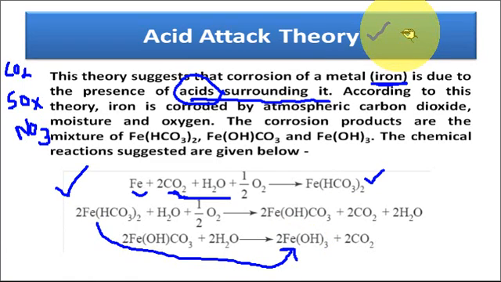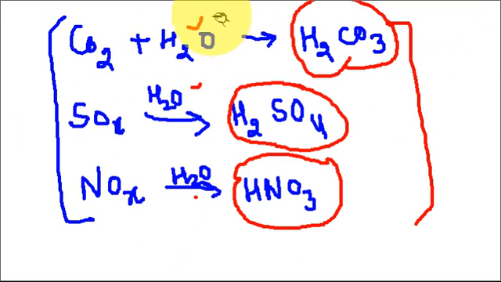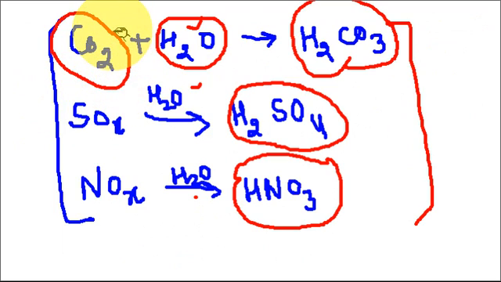So according to the acid attack theory, the main cause of corrosion is the acids, and what two things are responsible for the formation of these acids? Moisture in the metal surrounding and the acidic oxide gases.